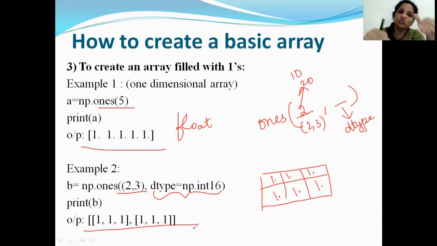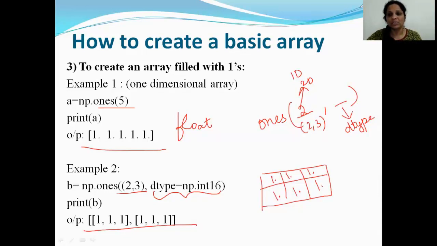Based on that, you decide what the data type should be. So here, what am I doing? I am telling ones not to follow its default method of storing floating point. I want all these ones to be treated as integers. Is that clear? So 3 methods we learned: array, function ones, and function zeros. Okay, we go ahead with the next method.